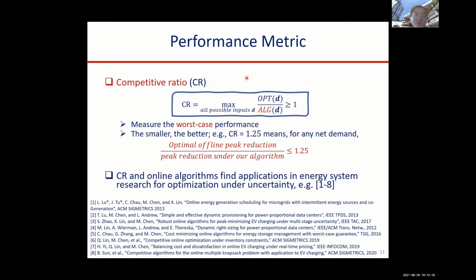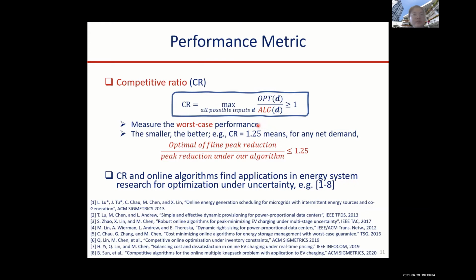From the definition, the competitive ratio measures the worst case performance of the online algorithm. Usually the competitive ratio is no smaller than 1, and we prefer online algorithms with a smaller competitive ratio.